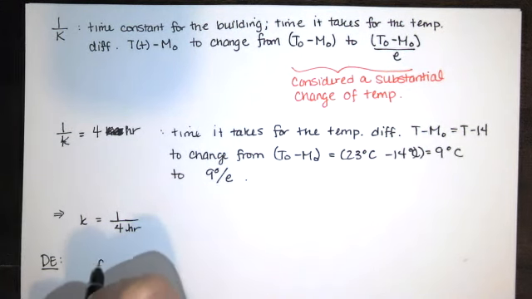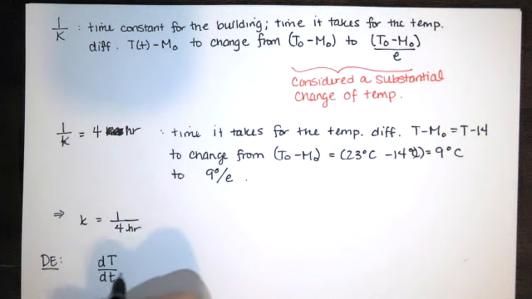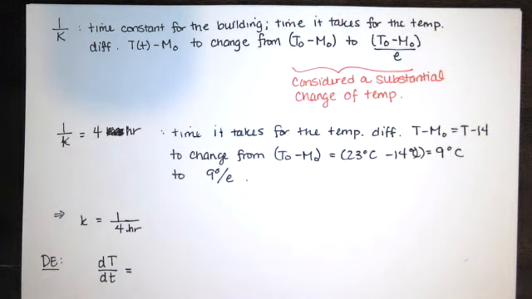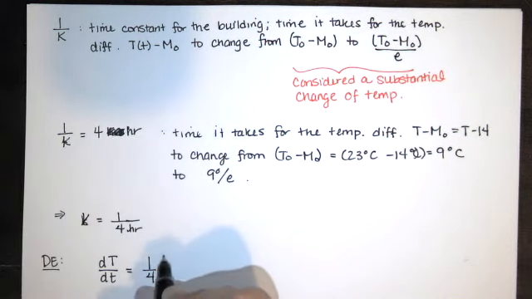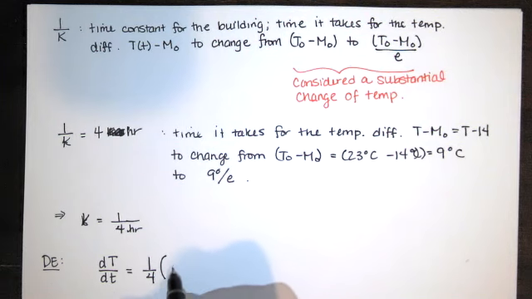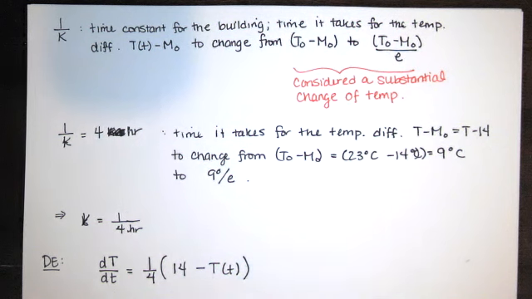So our differential equation is now dT/dt is equal to the constant of proportionality, K, which is 1 over 4, times the ambient temperature, which is 14 degrees, minus the temperature inside the building. And we have no heat generated inside because all the people are gone, and we turn the furnace off, so U of T is 0. And then we still have the initial condition. T of 0 is equal to 23 degrees Celsius.